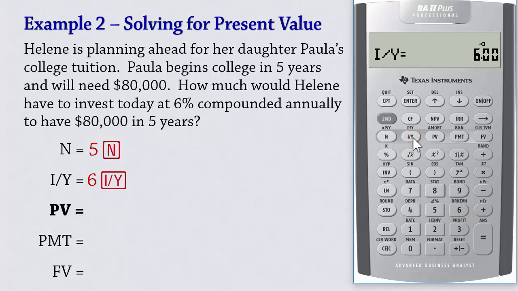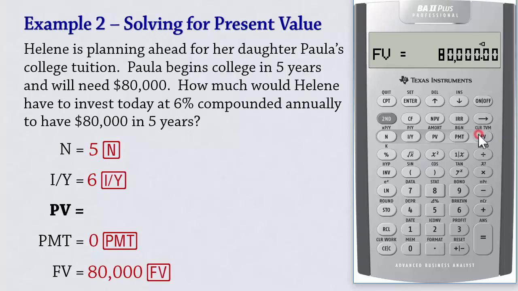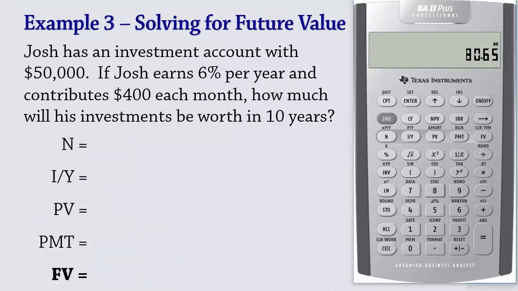Since there are no recurring payments, we input 0 PMT. For the future value, we enter 80,000 future value and then compute present value, which gives 59,780.65.